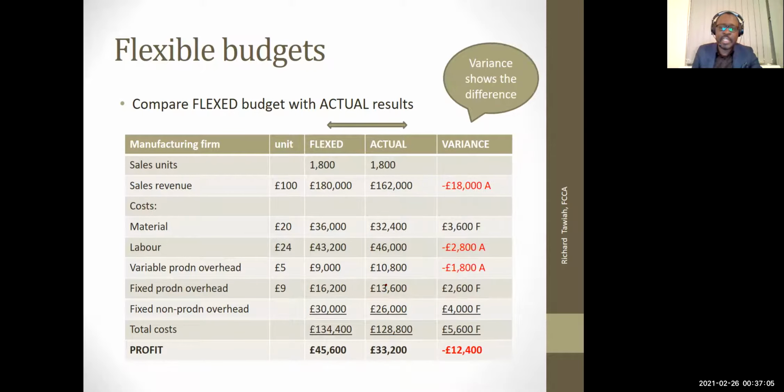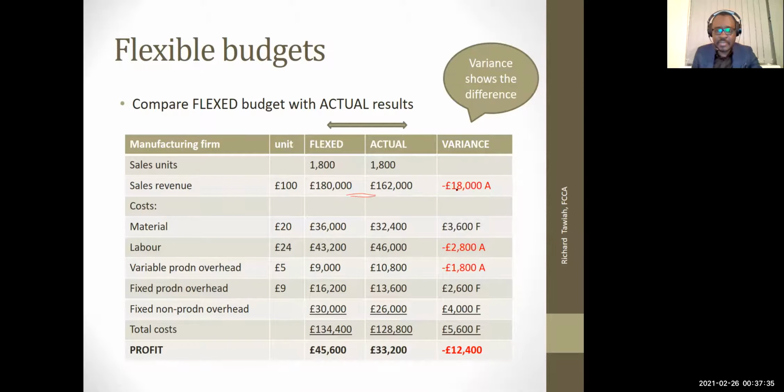In plugging in our variance analysis, realize that our sales dropped, adverse, unfavorable, from 180,000 to 162,000. That's adverse from the revenue perspective. But what about the cost perspective? Remember what happened to the revenue: flexed was higher, but actual was lower.